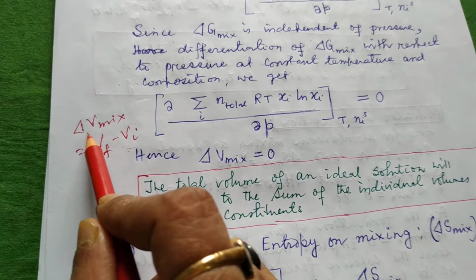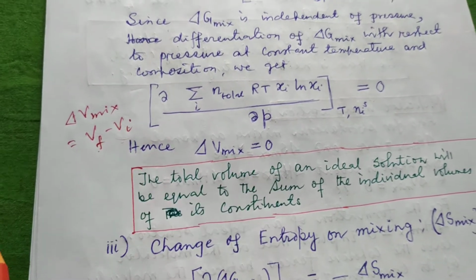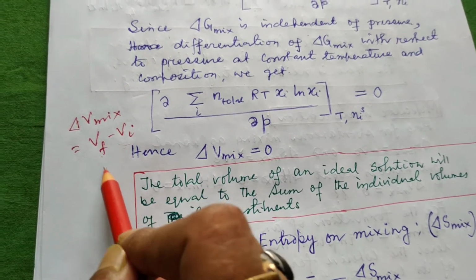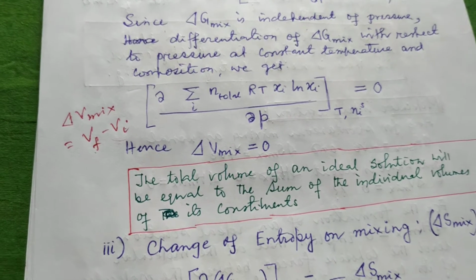So if ΔV equals 0, then V final equals V initial. The total volume of an ideal solution equals the sum of the individual volumes of its constituents.